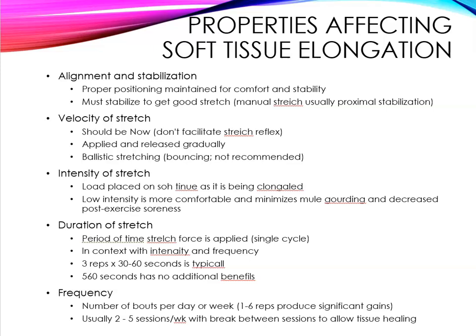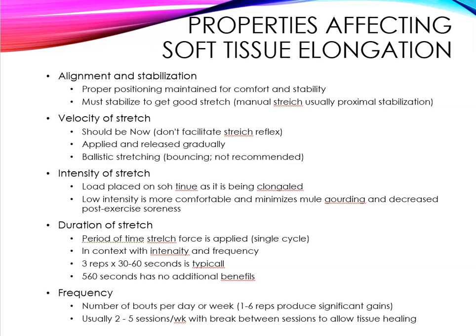Alignment and stabilization. Just as appropriate alignment and effective stabilization are fundamental components of muscle testing, goniometry, and all other therapeutic exercise, they are also essential elements of effective stretching. Alignment, which is proper alignment or positioning of the patient and the specific muscles and joints to be stretched, is necessary for patient comfort and stability during stretching.